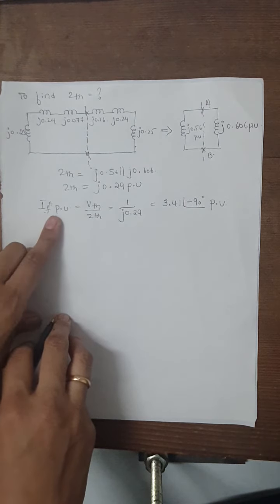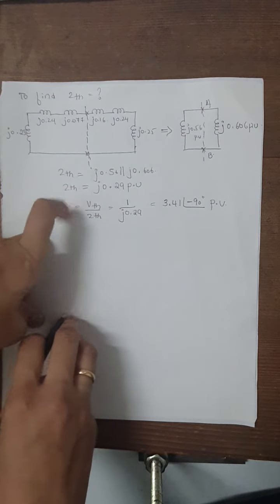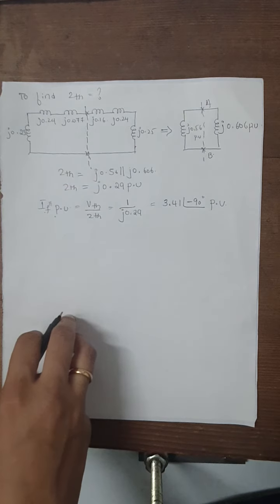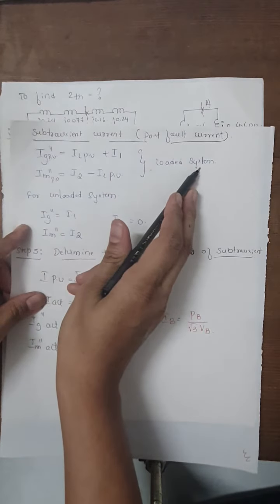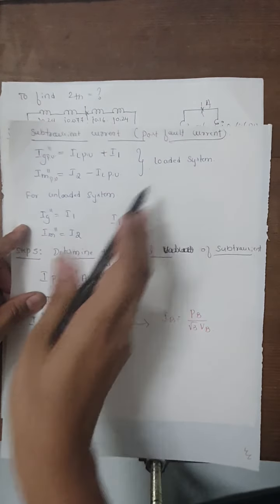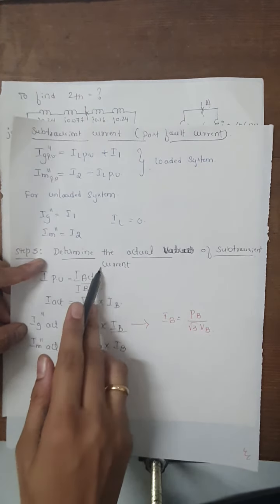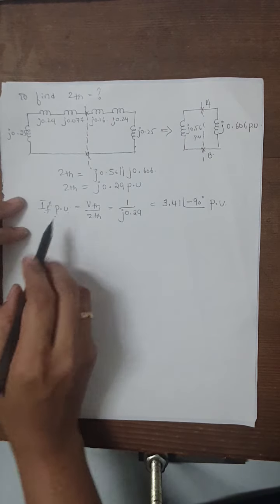So directly we can proceed with the step 5, because this is an unloaded system. There is no need of calculation of I1 and I2. These I1 and I2 come into the picture only if the system is loaded. This is the procedure I am telling. So we can directly proceed with the final step for the conversion of per unit value into actual value.